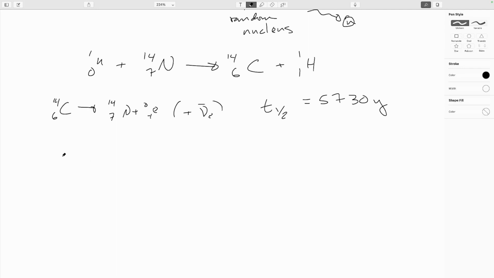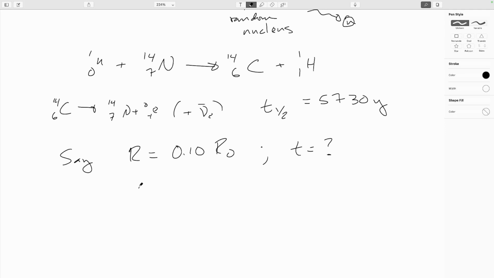As an example, let's say that the rate you measure from the sample is 10% of the rate you would expect from a live tree. We can then ask, how long ago was that campfire burned?